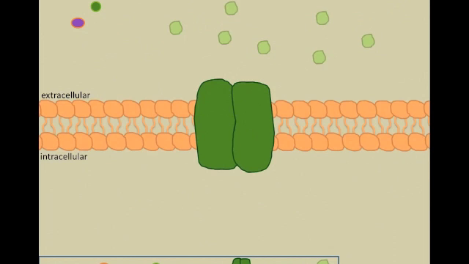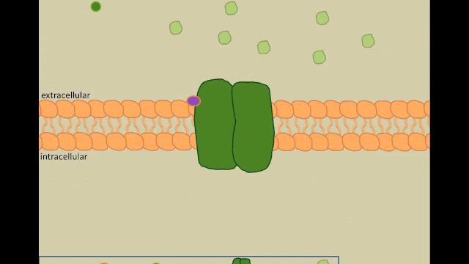This is an animation of how midazolam works at the GABA receptor. The GABA receptor is 2 long green rectangles. The purple circle is midazolam, and it's going to attach at the GABA-A type subunit, and that increases the affinity for the dark green circle, which is our GABA neurotransmitter.